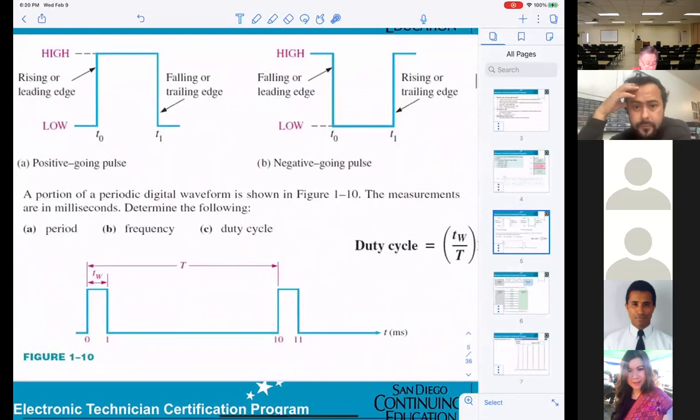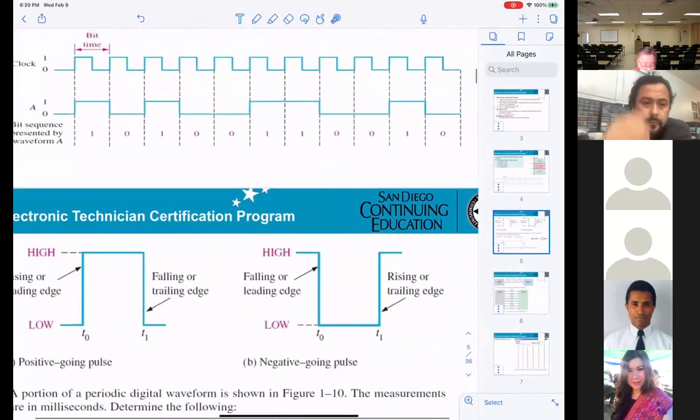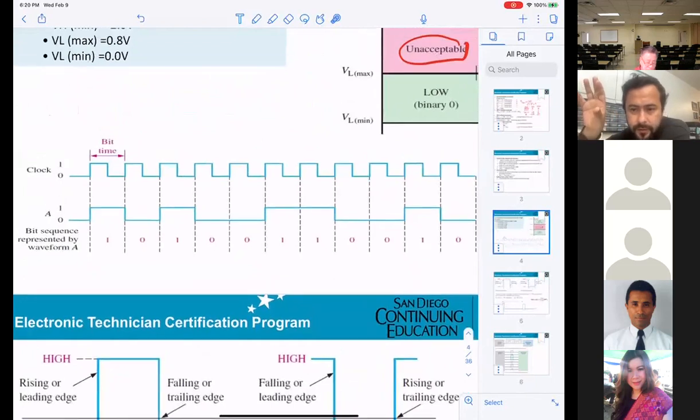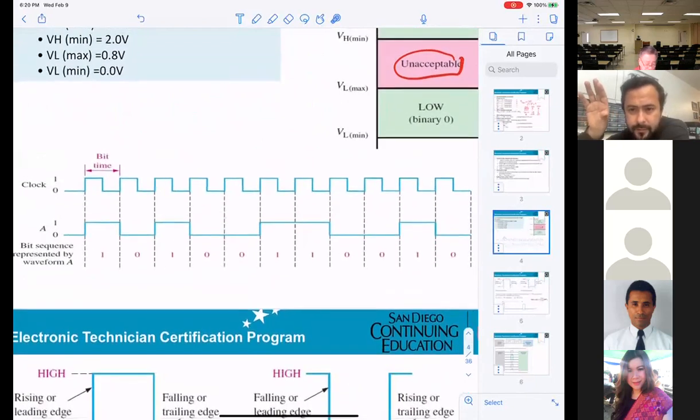Mr. Pham? Question? Yeah, associated to the table that you have there, the unacceptable, low, and the maximum. So when we learned in the previous digital class about this buffer, for instance, the SN74, blah, blah, blah, those buffers are to make sure that the voltage is going to be 5 volts when it's high, 0 when it's low, right?